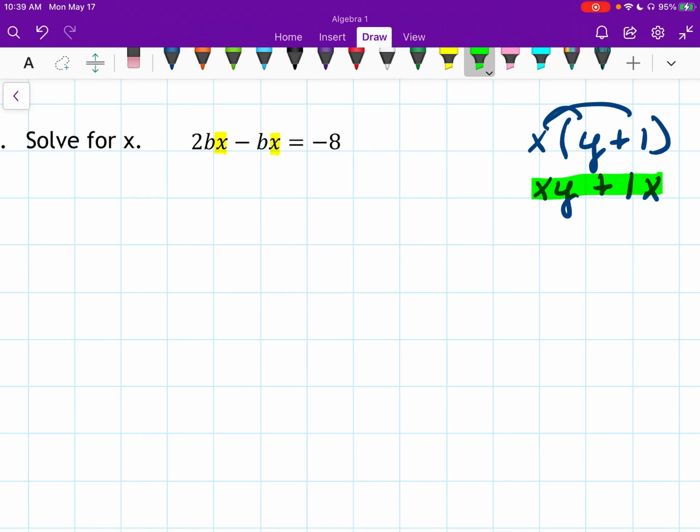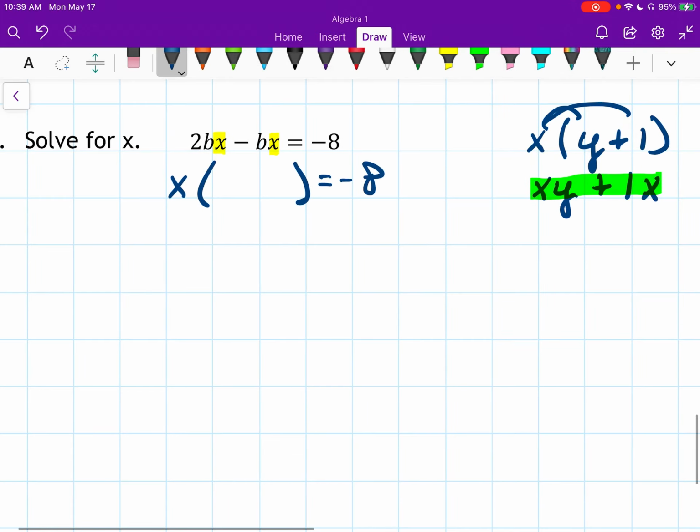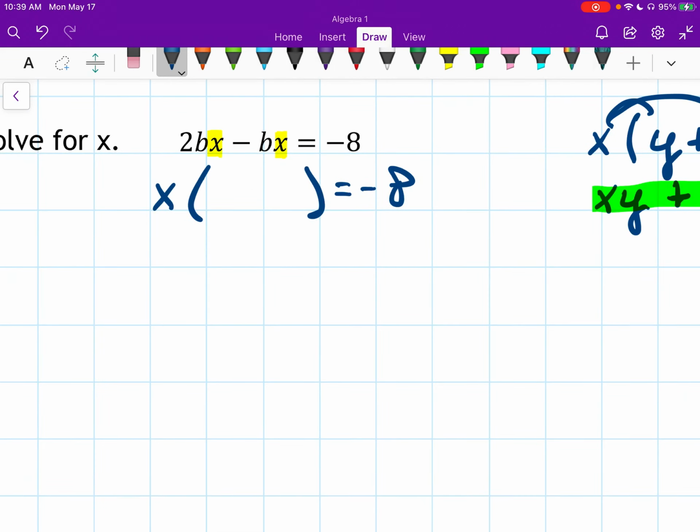Okay? Now, if we were given this and we were told to factor, what we would do is we would undo the distributing. We'd pull the x out and we'd end up with what we had at the top there. That's what we're going to have to do here whenever we're solving for x. There's two different x's. So to undo distribute, to factor, I'm going to pull an x out. Whenever I pull an x out of that first part, I've got 2bx. Whenever I take out the x, I'm going to have 2b. On the second spot, whenever I take out the x, I'm going to have a plain old b.